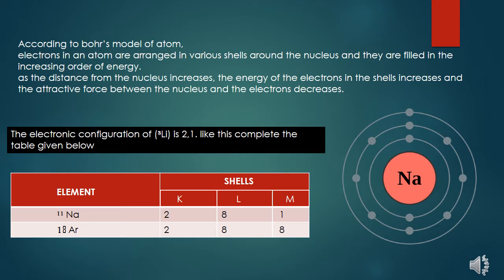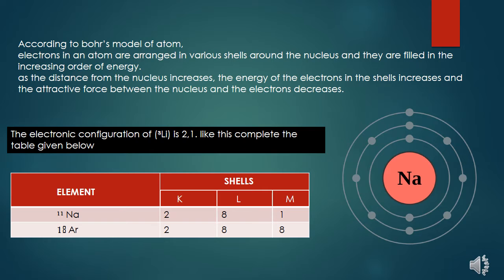Here are some examples. You can see that the atomic number of sodium is 11, so the electronic configuration is 2, 8, 1. And for argon, the atomic number is 18 and the electronic configuration is 2, 8, 8.